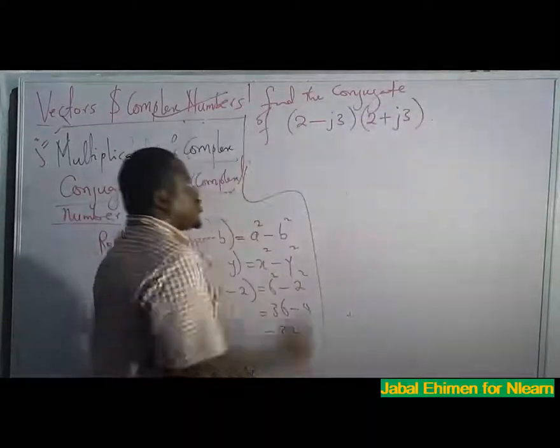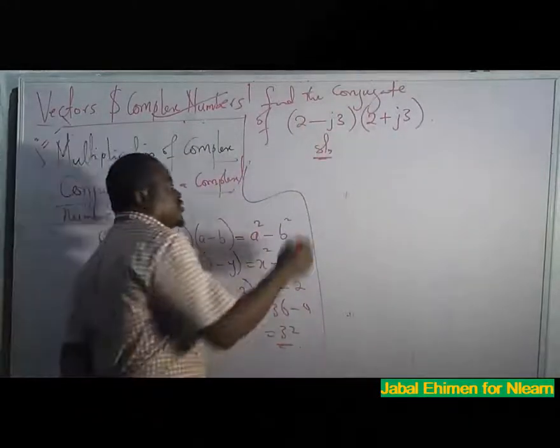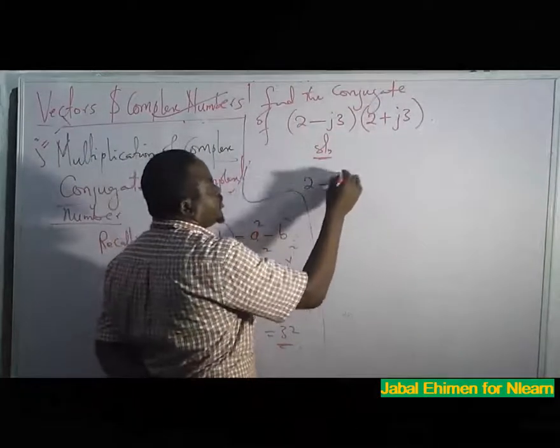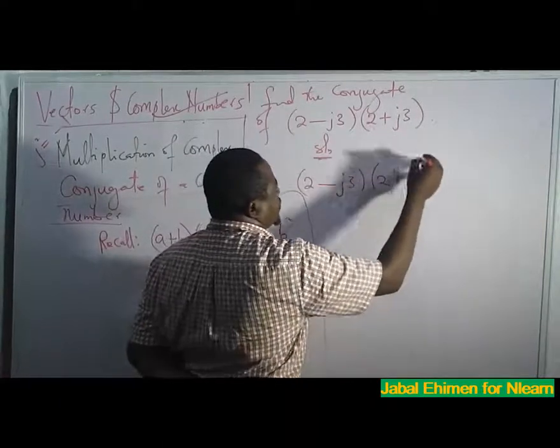The solution to that is very simple: it will give us 2 minus j3, 2 plus j3.